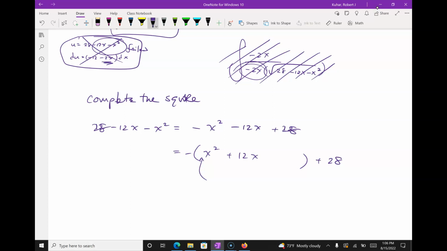Now I find the coefficient of x, which is 12. Half of that is 6, square it, I get 36. But that's actually a negative 36, so I want to cancel it with a 36 on the outside.